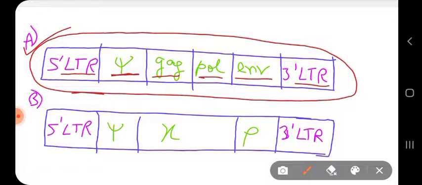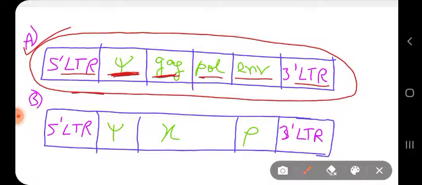Okay, so again I am repeating, this is the typical map of a retrovirus, the figure above. The 5' LTR and 3' LTR are the long terminal repeats, repeated sequences. The Psi gene, the symbol that you can see here, is the gene responsible for the packaging signal sequence.